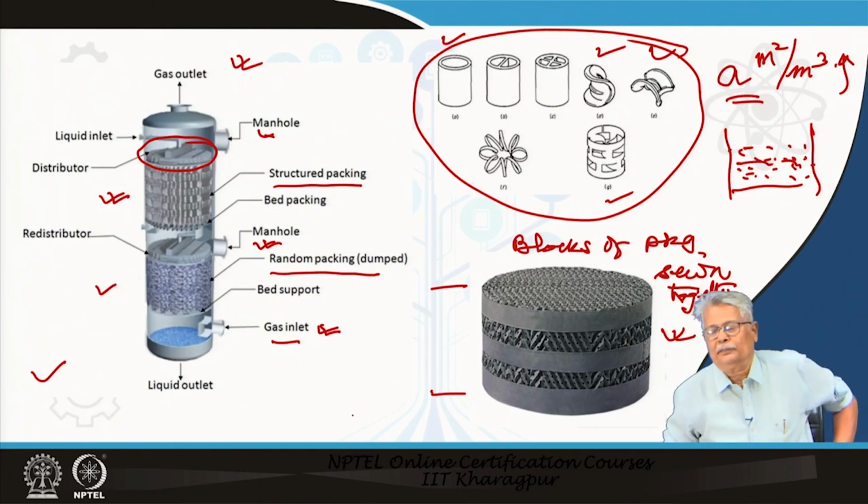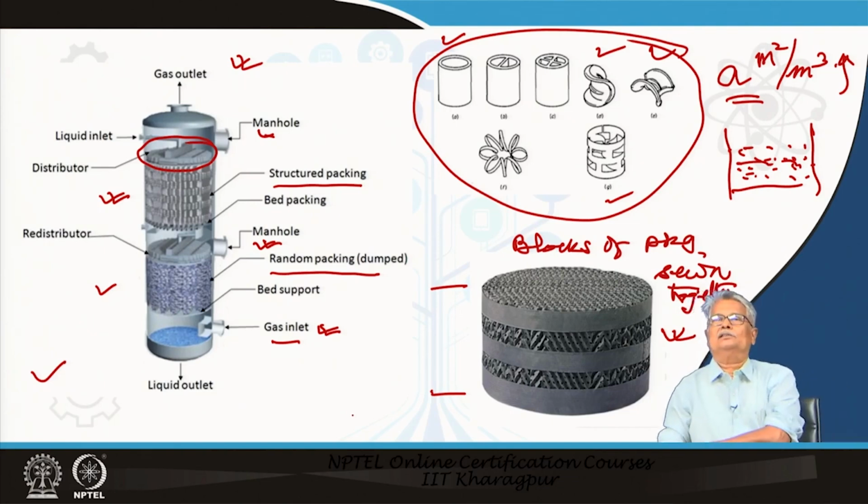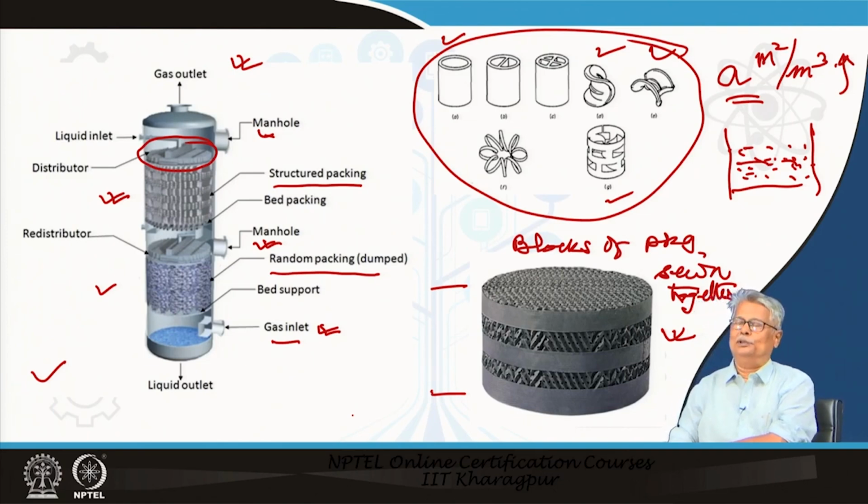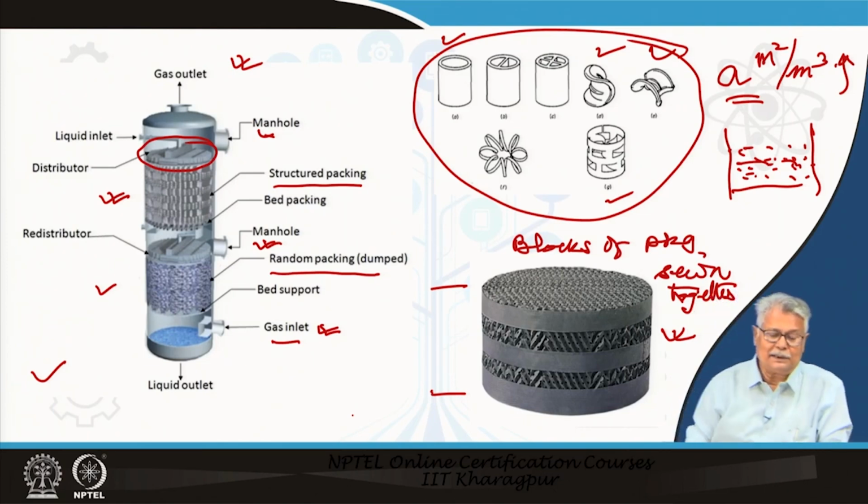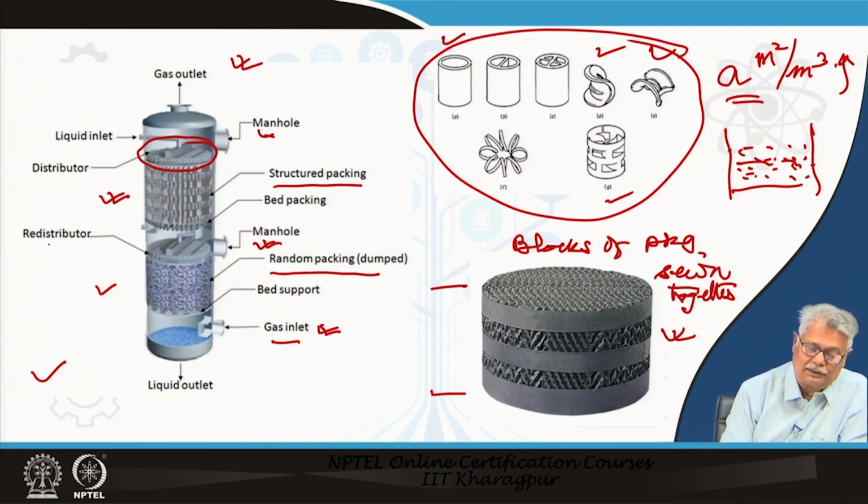Quite often, in case of packed towers, one may require some amount of redistribution as well. This particular tower has a redistributor. That means it collects all the liquid which is falling from the upper section, and then it redistributes. In fact, the construction of this redistributor and the distributor is not much different.